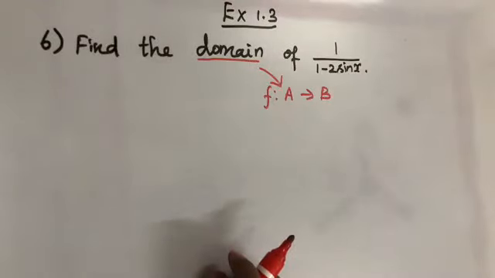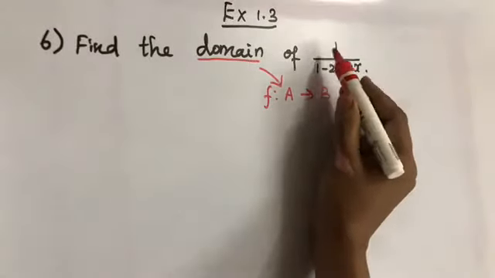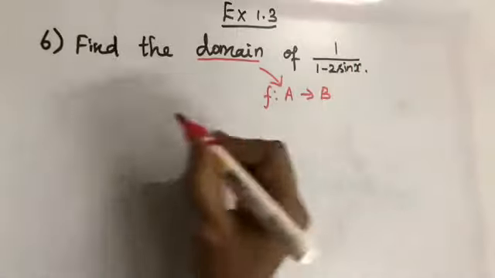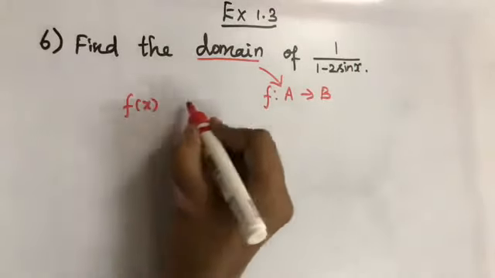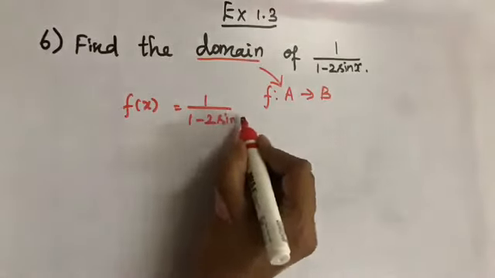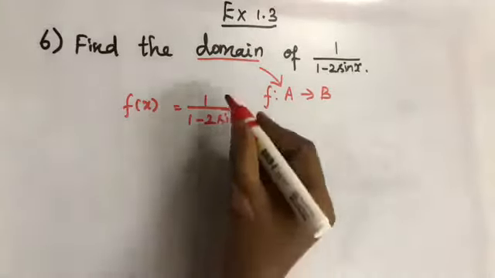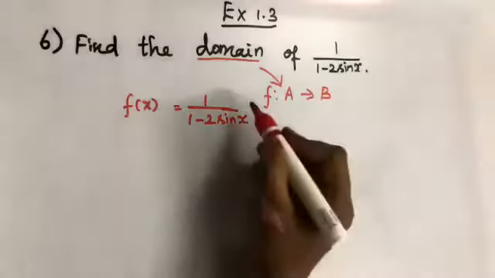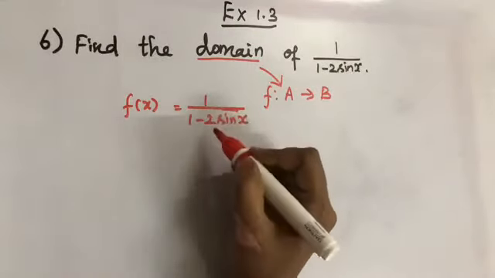Okay, so here the function f of x is equal to 1 divided by 1 minus 2 sin x. It is a rational function.